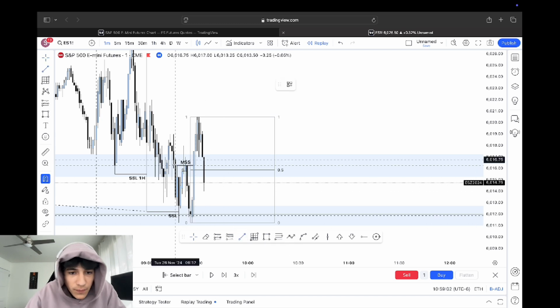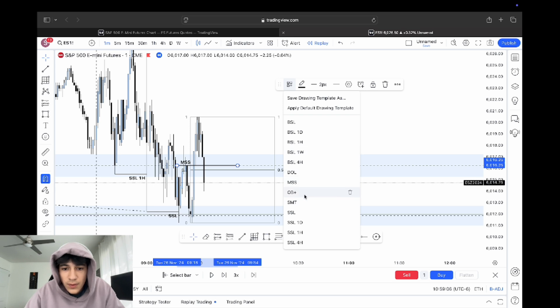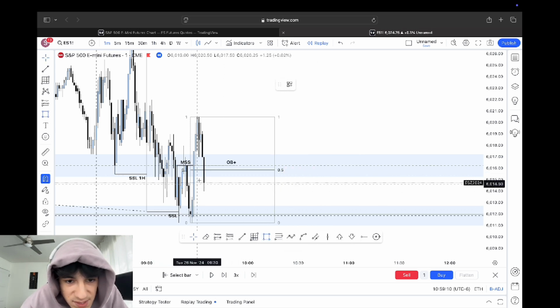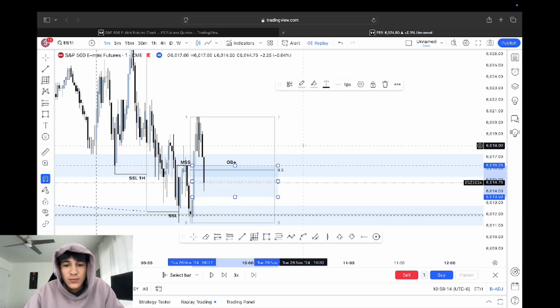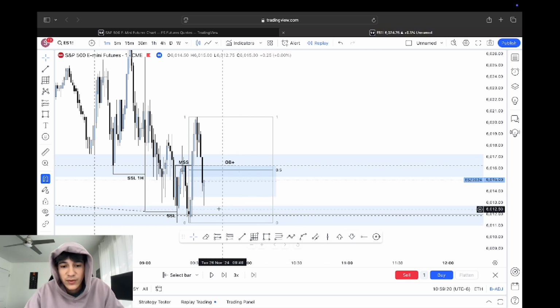Oh, I guess, yeah, this is an order block too. That's also what I was forgetting. And then we see that we have this fair value gap. Really just wait for some sign of displacement back out like that. That would be a very good tap here.